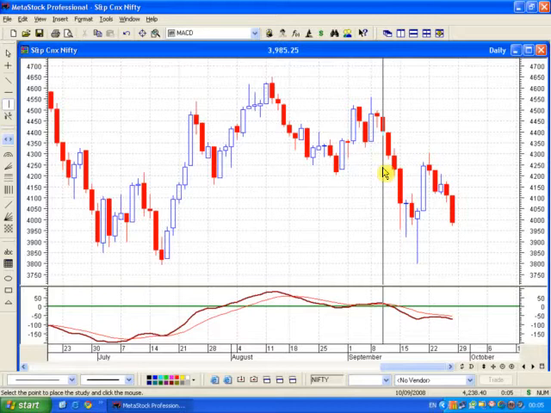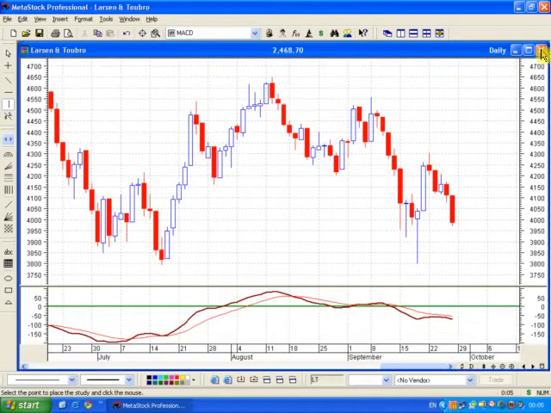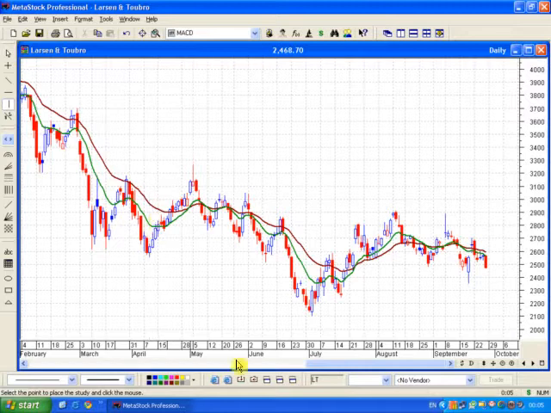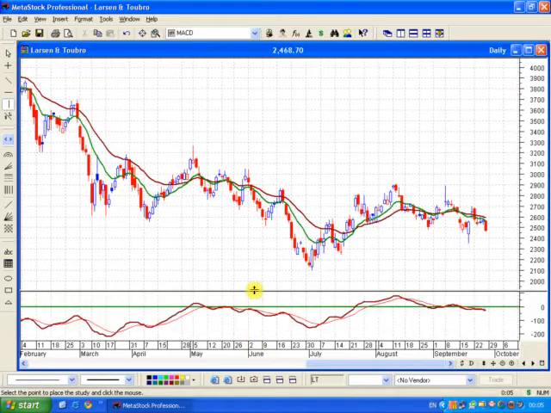Now this is the chart of the Nifty. Does the MACD work well on stocks too? Yes, it does. Now suppose I have the chart of LNT here. Again I have the 12-day and the 26-day moving average. Now if we plot the MACD also on this chart, we get a buy signal somewhere here, which is at 2400.